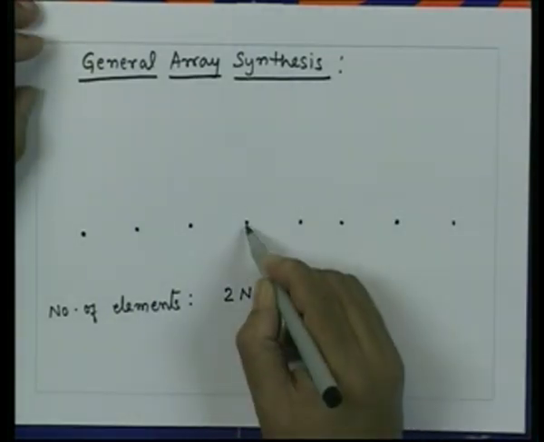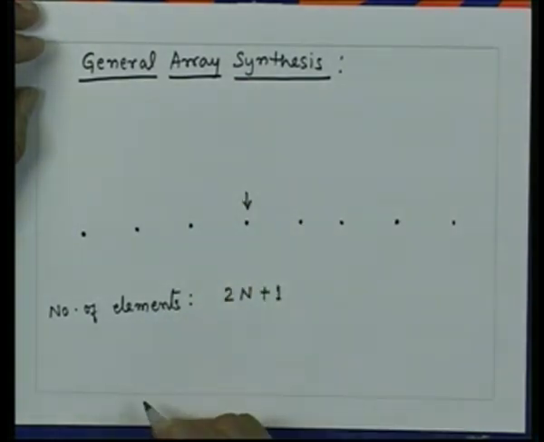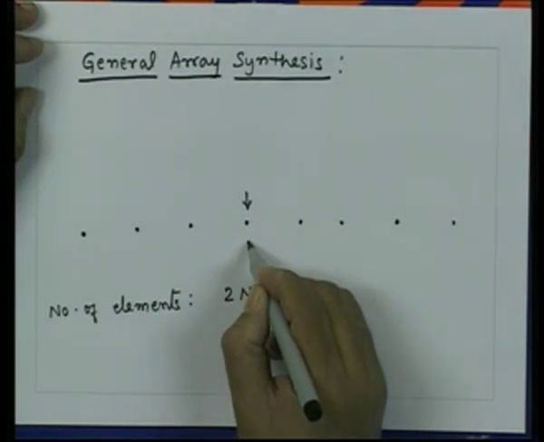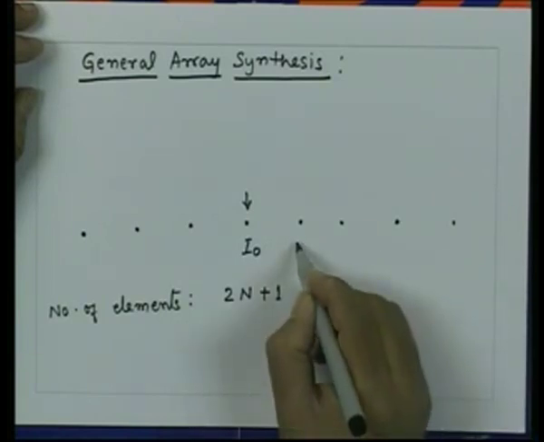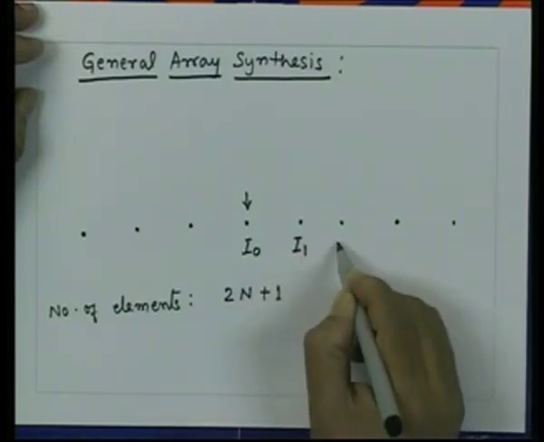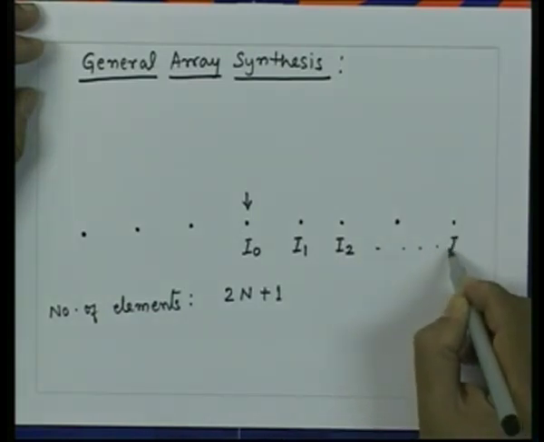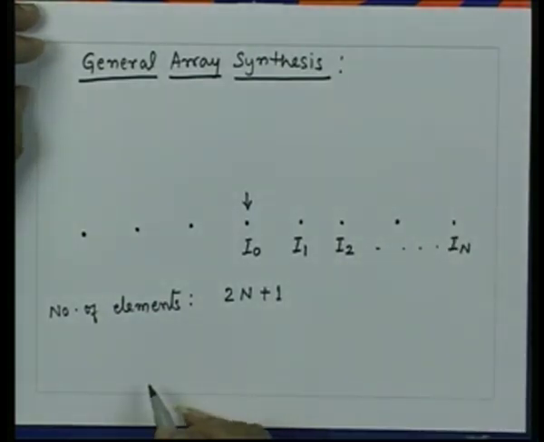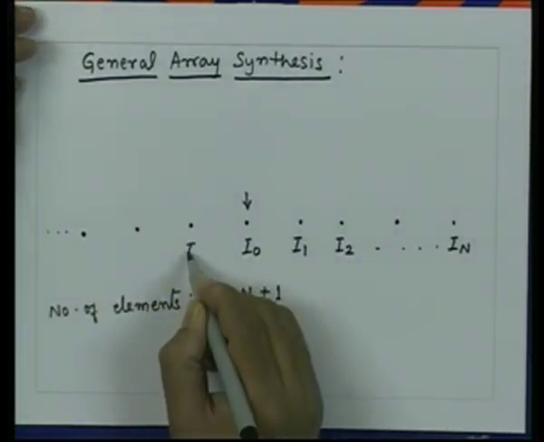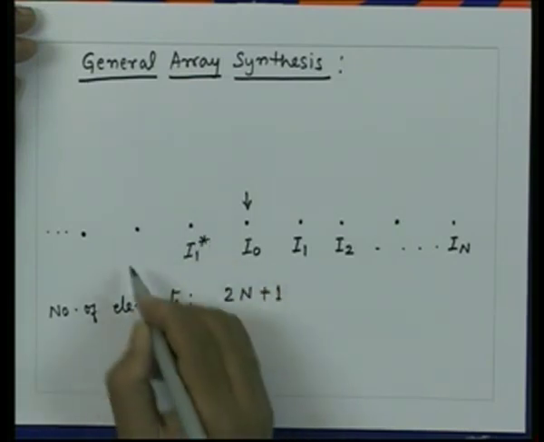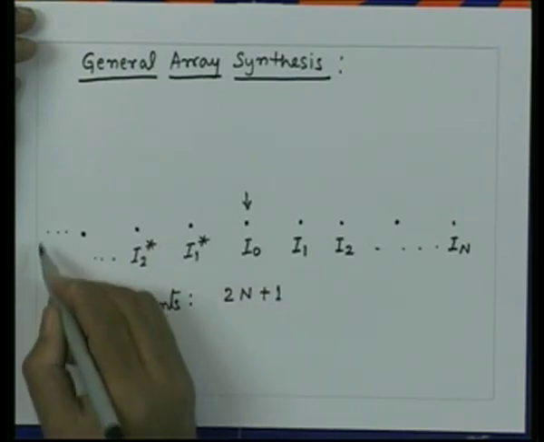Let us say we have this center element, for which the current is I0, and then the currents on this side are I1, I2 and so on up to In, and on this side you have the currents I1 conjugate, I2 conjugate and so on up to In conjugate.